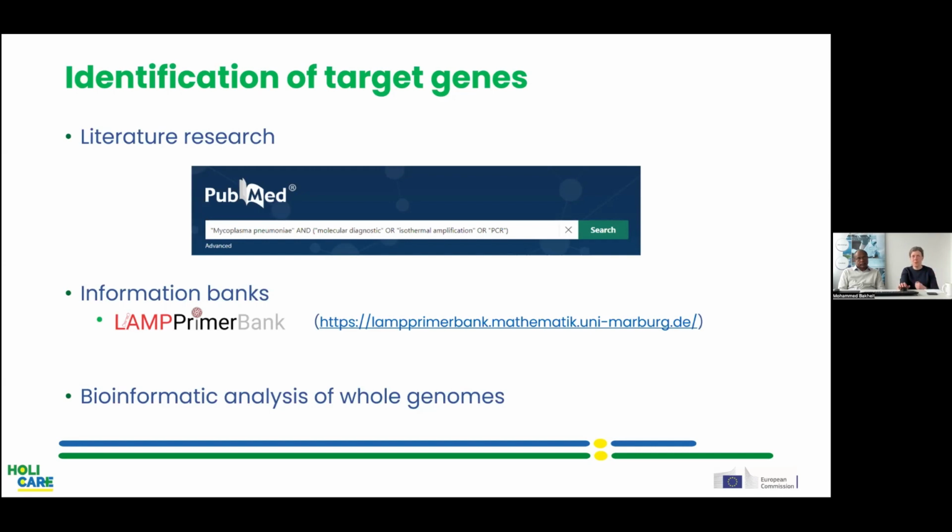So this fits to the HoliCare project. And then, of course, there are bioinformatic analyses of whole genomes, which can be performed to identify new sequences which are highly conserved in your species of interest, but which are not present in other species.